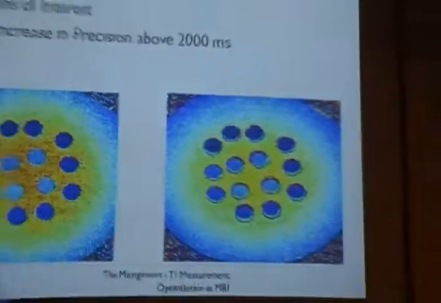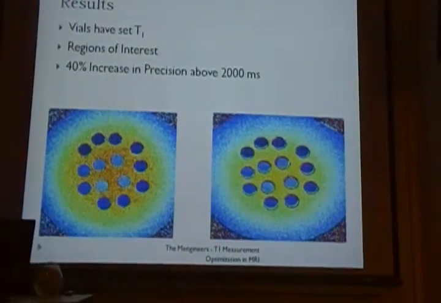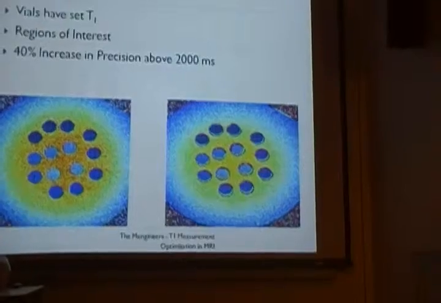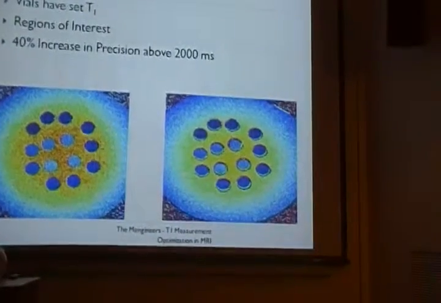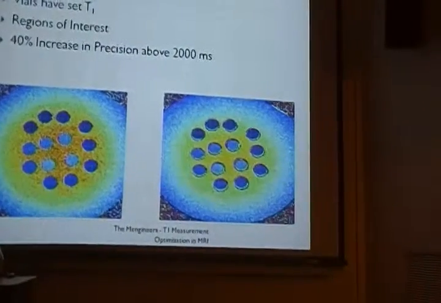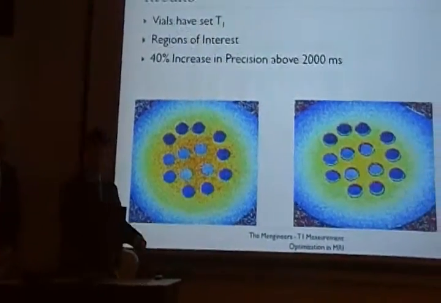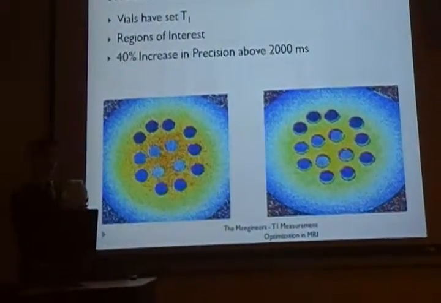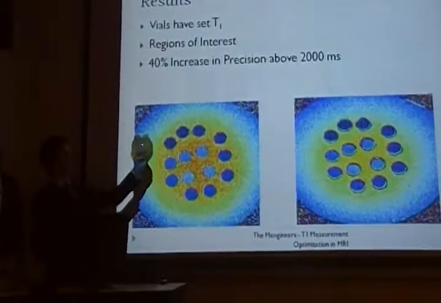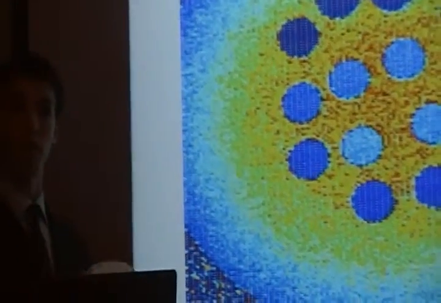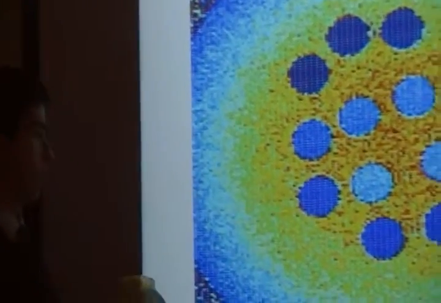And that indicates greater variation, greater deviation. And you can see that our image is characterized by a lot more uniformity and homogeneity. And what we did was we compared congruent regions of interest in both the 2-point and the 3-point. And when I say congruent regions of interest, I'm talking about these vials. You can see them here, suspended in gelatin. These vials contain a heavy metal called gadolinium, and they each have a specific T1.